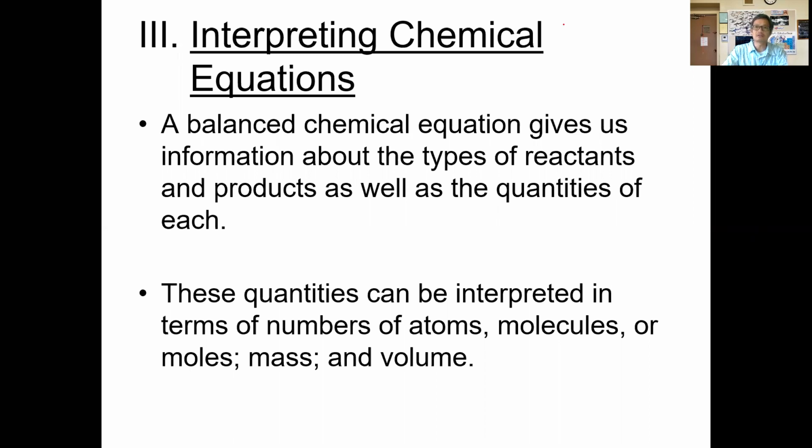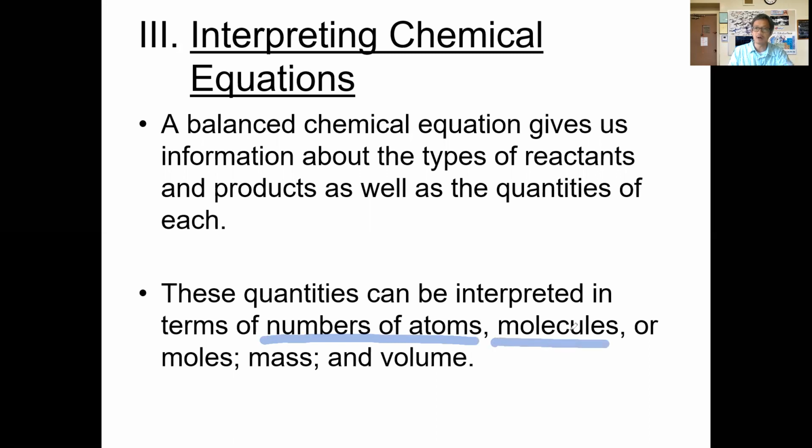We can interpret those quantities in terms of number of atoms, which we've done already, and in terms of total number of molecules or particles, moles, mass, and volume. That's what I want us to do today. We're going to talk about how we can interpret these balanced equations in terms of these quantities.